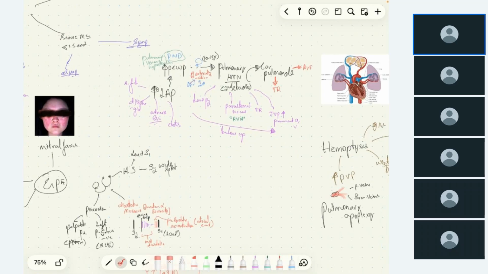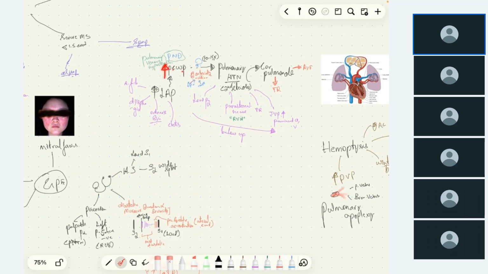We saw, guys, due to mitral stenosis, there will be increased left atrial pressure due to back pressure. Due to increased left atrial pressure, the pressure is transmitted to pulmonary veins, and from pulmonary veins then to pulmonary capillaries, causing an increase in pulmonary capillary wedge pressure.